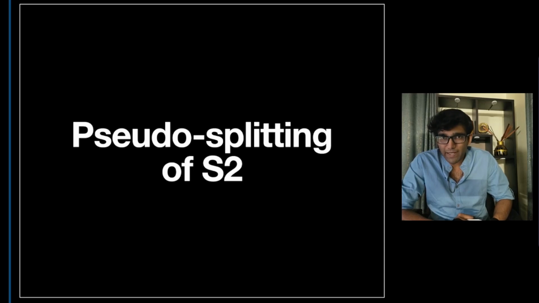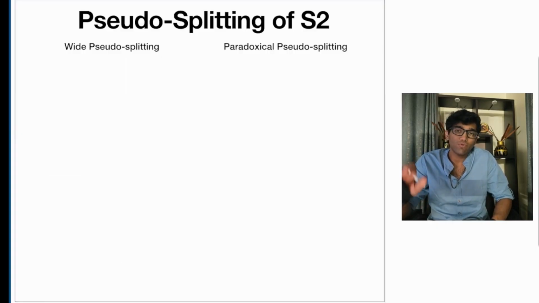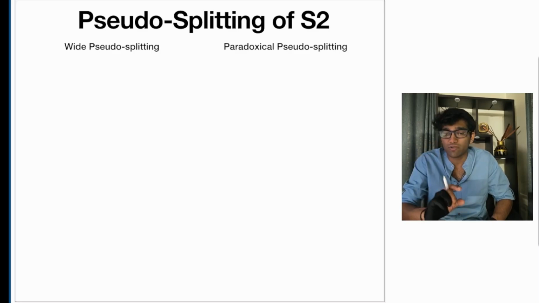Because there is no true splitting, but you hear it as splitting. So what was splitting? Splitting can be of two types: wide splitting or paradoxical splitting. Wide splitting would mean that during inspiration and expiration, you've got splitting rather than the normal that is just during inspiration. And paradoxical splitting would mean that there is splitting audible during expiration but not during inspiration. I hope that much is clear.